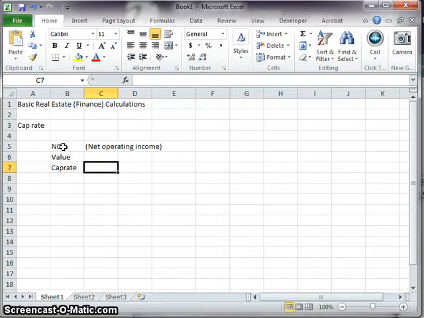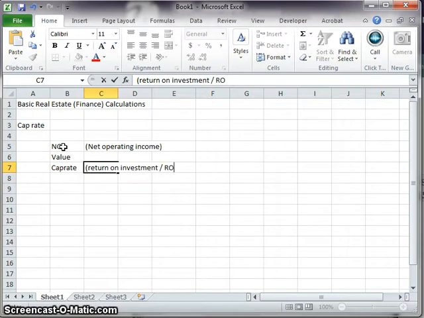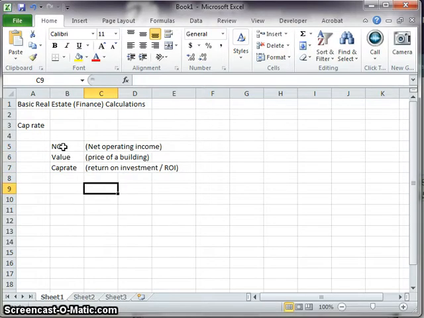So the cap rate, if we think about that, is our return on investment, or our ROI. And a value is just going to be the price of a building or a big project, kind of whatever you want to think about it.